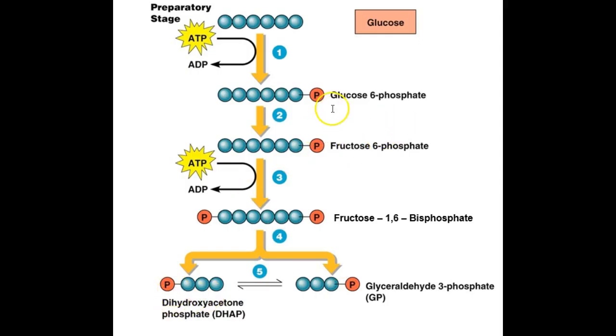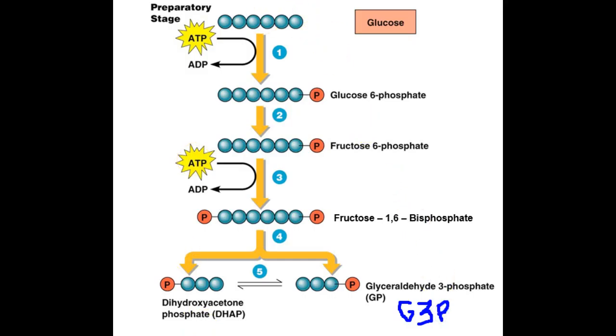I'm actually going to write in not just GP, but G3P, because never in my life have I ever seen glyceraldehyde 3-phosphate referred to as GP. Most textbooks, I think yours does in fact, refer to it as G3P. That's a little weird to me, but anyway, here we are.